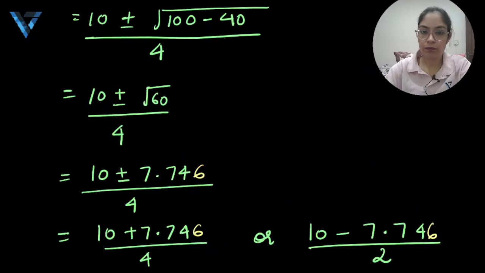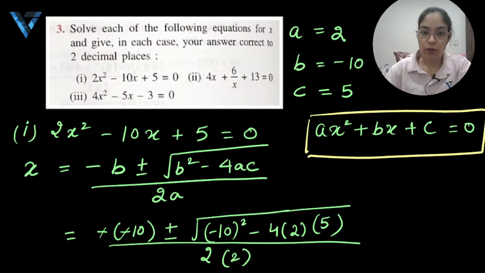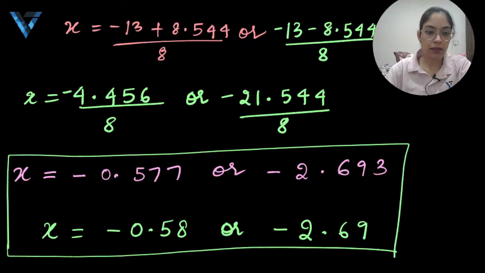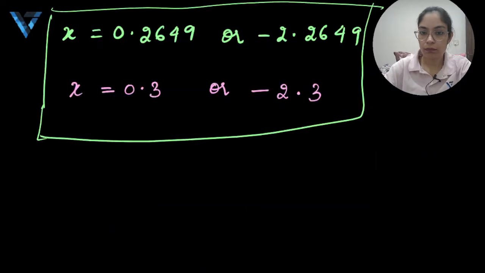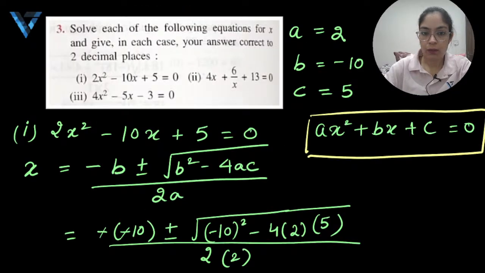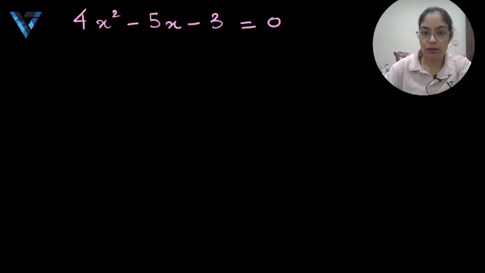The third part of this one: 4x square minus 5x minus 3.